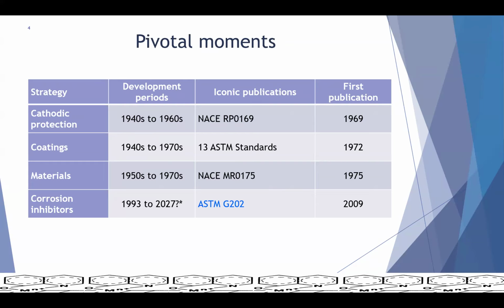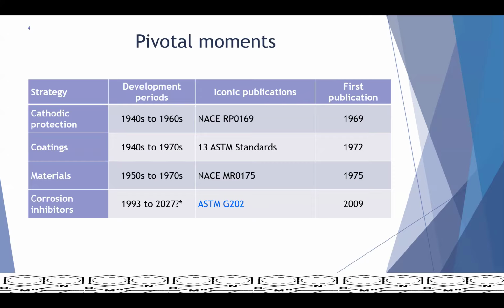For example, to establish the first iconic standard, that is NACE RP0169, the industry worked hard for 25 years until the first publication appeared in 1969. For coatings, extensive work was done between the 1940s and 70s to establish the first 13 ASTM standards, a series of standards in 1972 onwards.